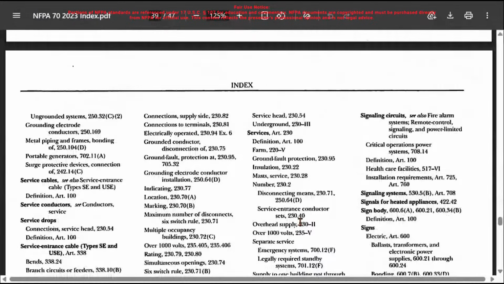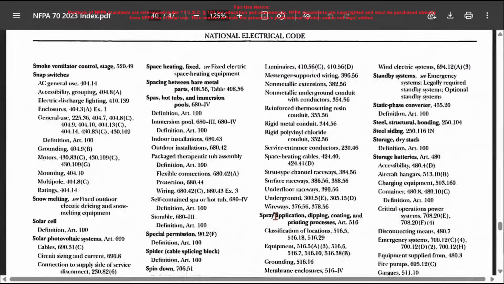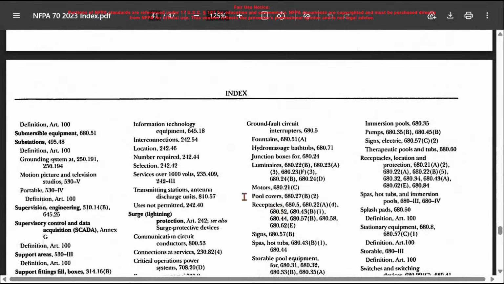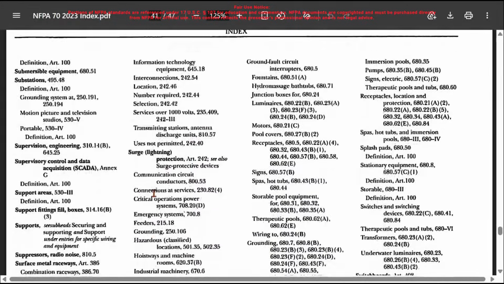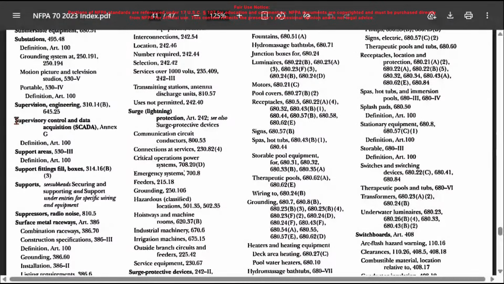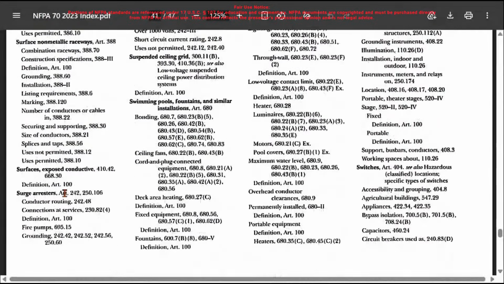And this will be a lot easier for you when you're using your code book because you can just flip through it. The electronic version sometimes can be a little tedious. Okay, so let's see here. Here's supports. Let's see, supports, surface. Okay, nothing under that for supply cords.